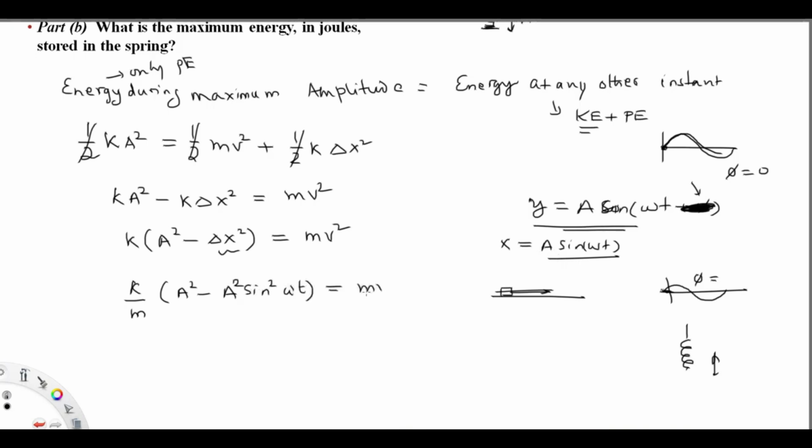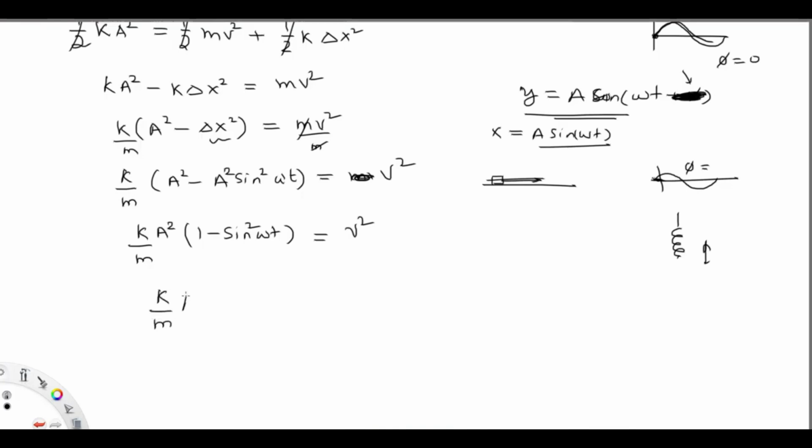This is equal to m v squared. We already got rid of m, divided both sides by m. So that's v squared equals k over m, and A squared is common, so pull it out. So 1 minus sine squared omega t is v squared, k over m, A squared.